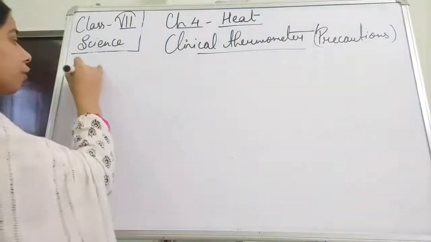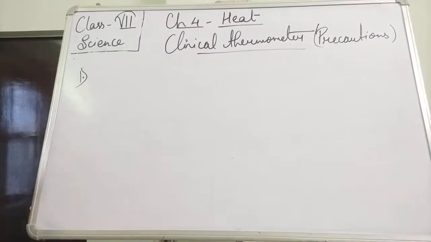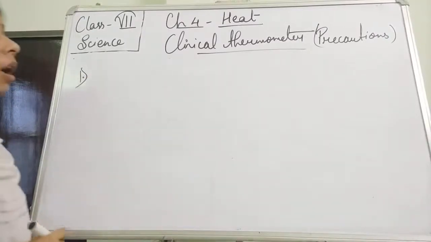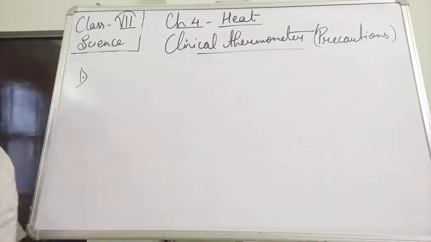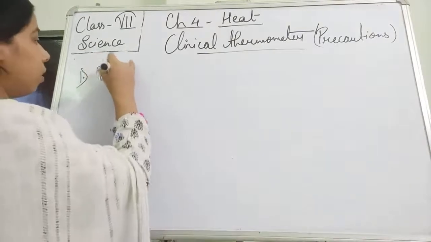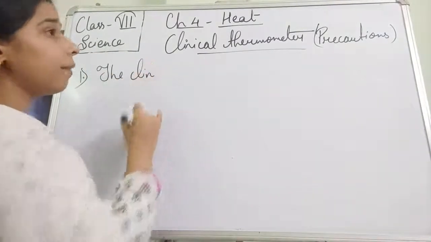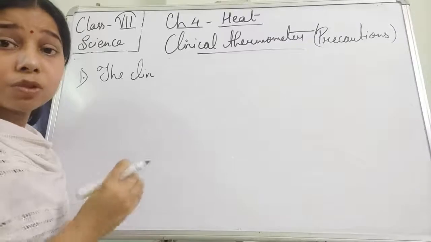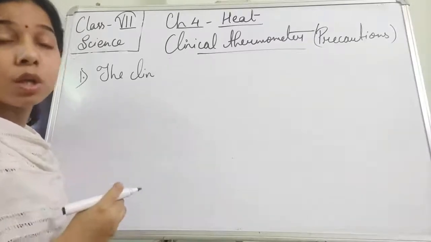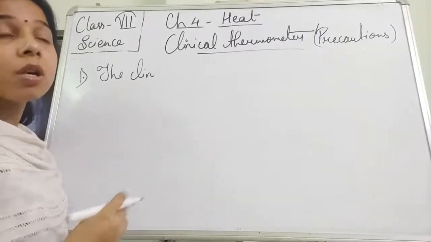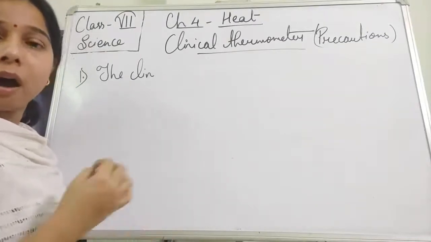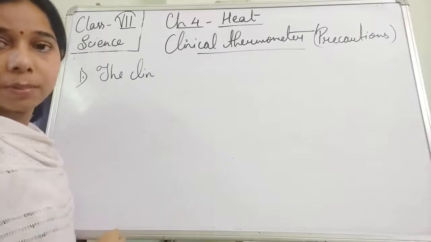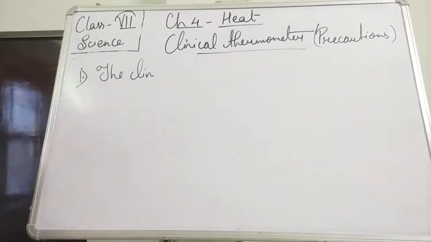Okay, so the first precaution that we should take with the clinical thermometer is that before using it, it should be washed properly. Because we are checking the body temperature, we are keeping it in the mouth of a person, under the tongue. So we should use an antiseptic solution, and even after taking the temperature, we should wash the clinical thermometer.